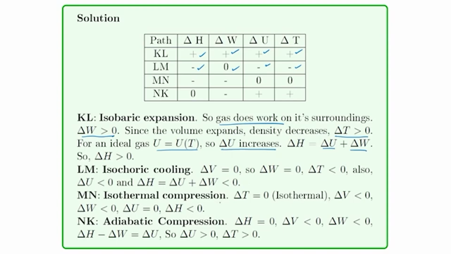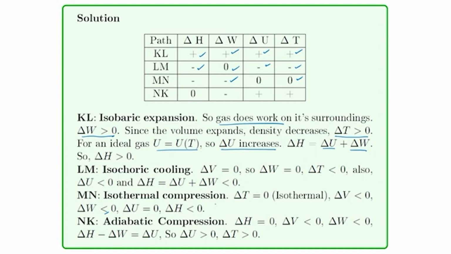Similarly, for the isothermal compression, delta T is 0. Delta V is lowered, that is, delta V is less than 0. So the work done is less than 0 here, and again delta U is equal to 0, and delta H, which is the sum of delta U and delta W, is again negative because delta W is negative.